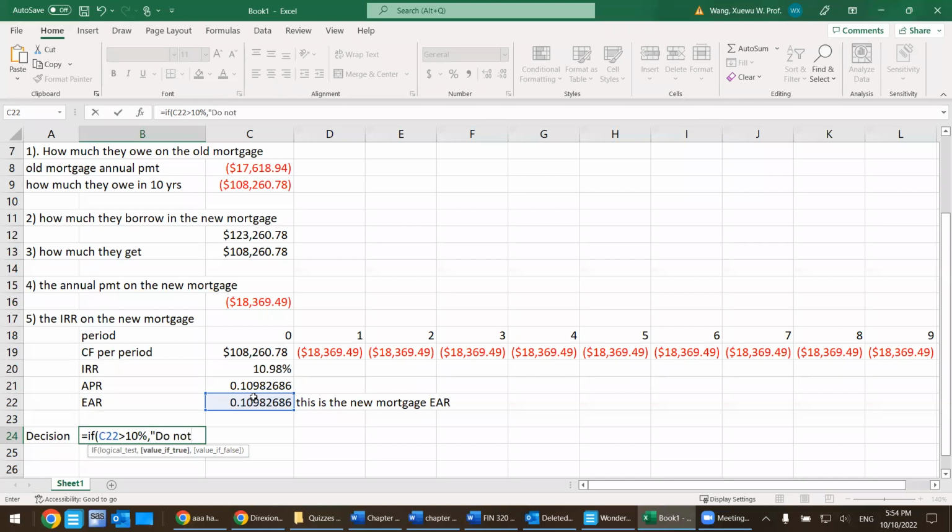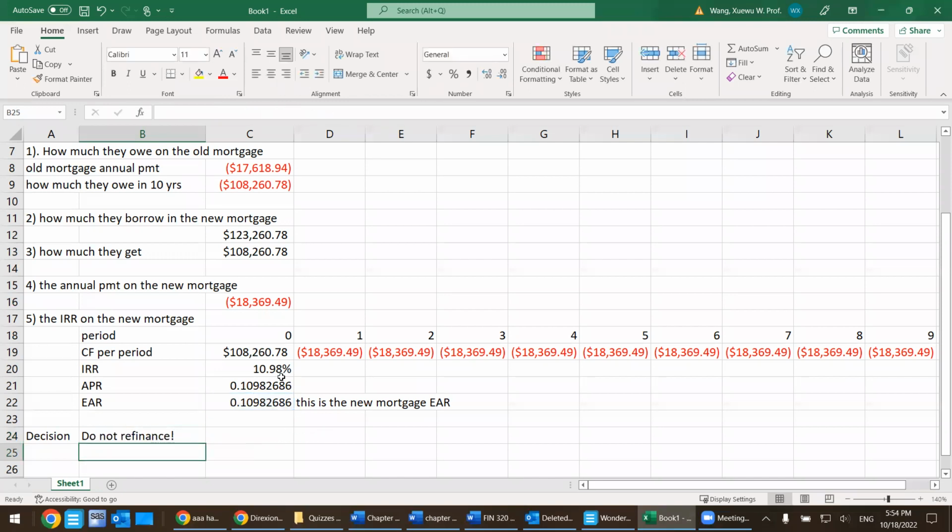So you do not refinance. Okay, you just stay with the old mortgage. On the other hand, if the new mortgage rate is actually less than the old mortgage rate, then you're going to do the refinancing because the new mortgage is actually cheaper. All right, so that is our decision here.